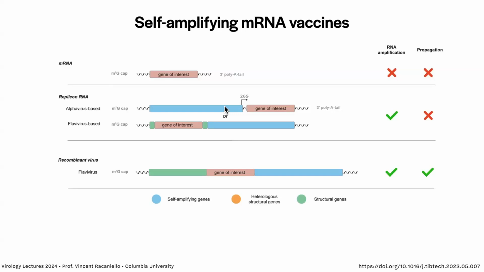So when you infect cells, this RNA will replicate. You don't get virus particles made, right? It doesn't propagate like the recombinant virus does, but you get self-amplification. And we also have flavivirus-based replicon RNAs, where again, you have your gene of interest, and then the blue are the self-amplifying genes, which means the RNA polymerase and accessory proteins. So I think we should keep an eye on these, because you can give lower doses of these self-amplifying mRNA vaccines compared to the traditional mRNA vaccines, and no infectious viruses are produced.